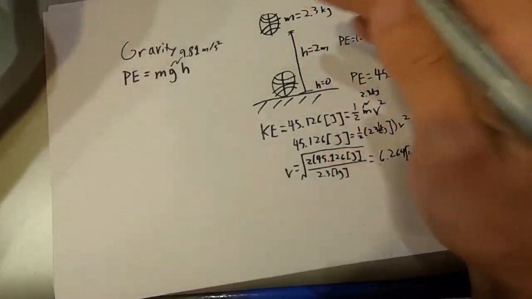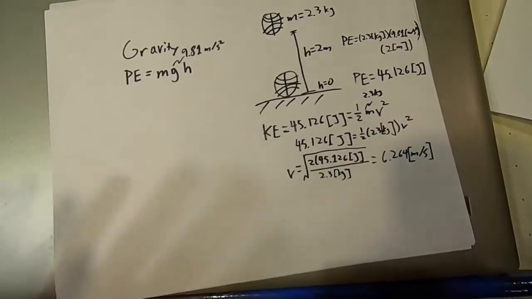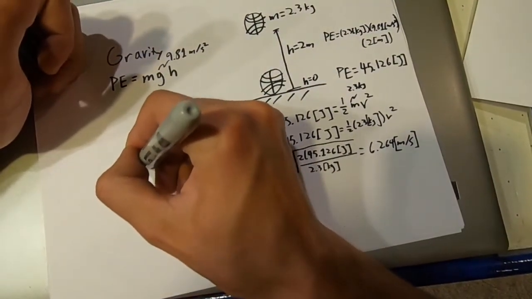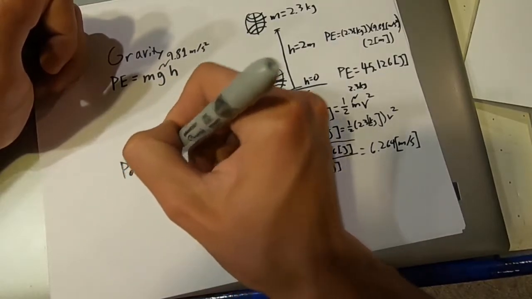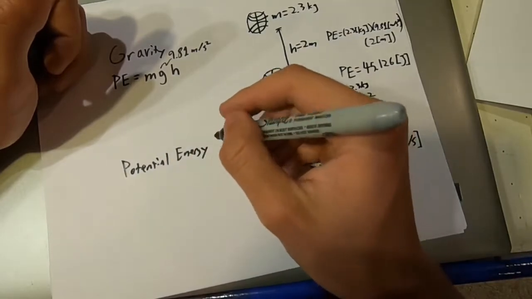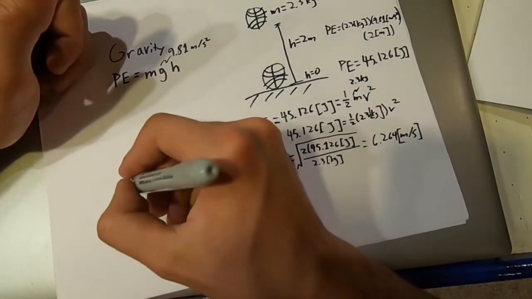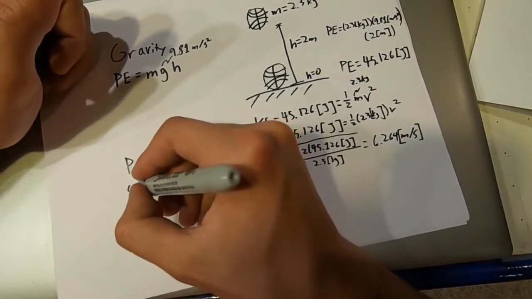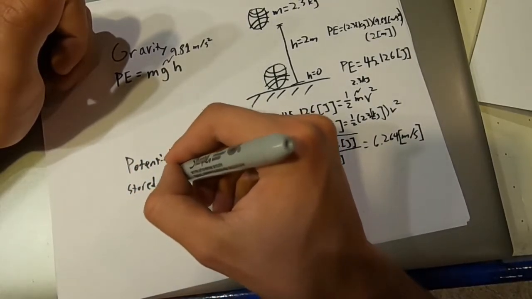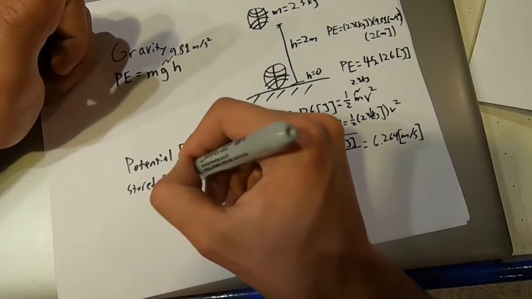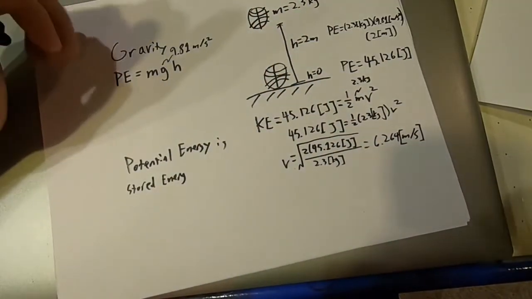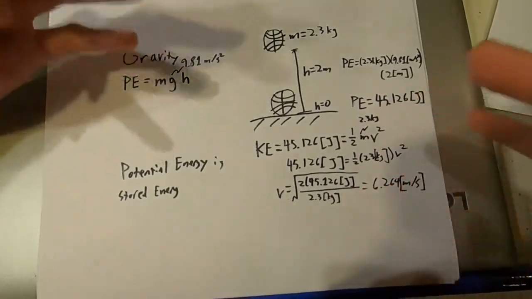All right, but basically, the main thing to get out of this is that potential energy is stored energy, right? So if we lift this ball, we're effectively storing energy by means of gravity.